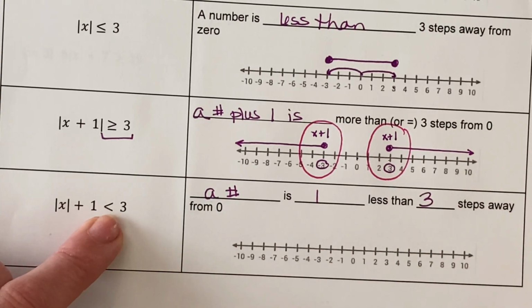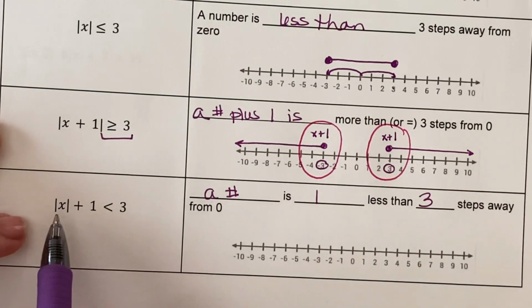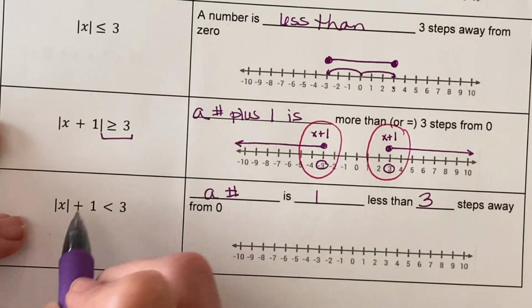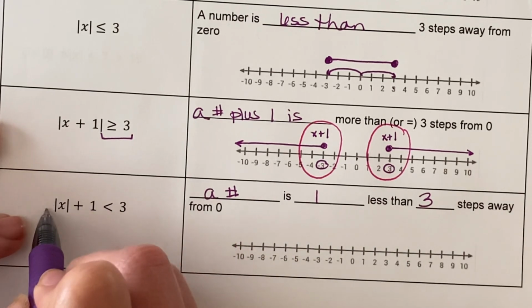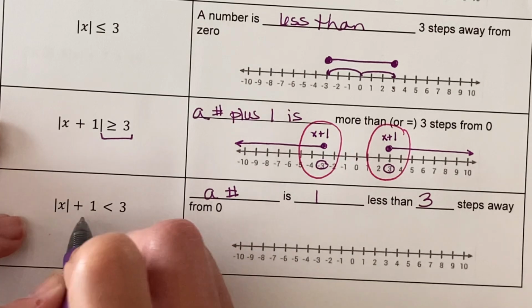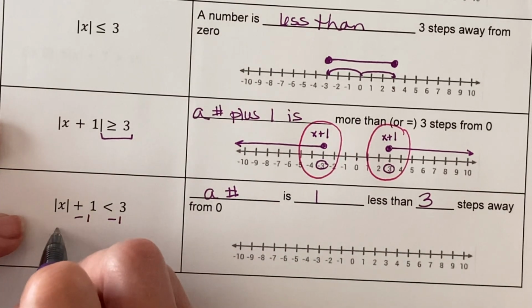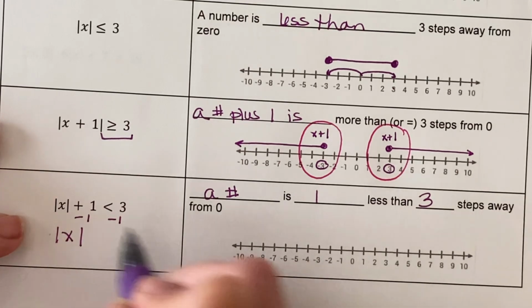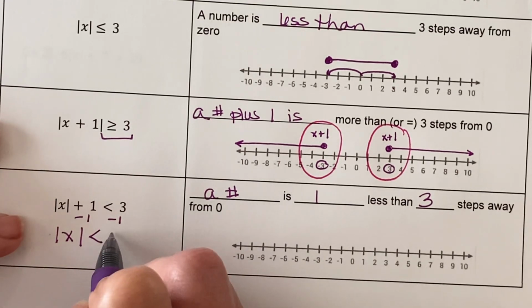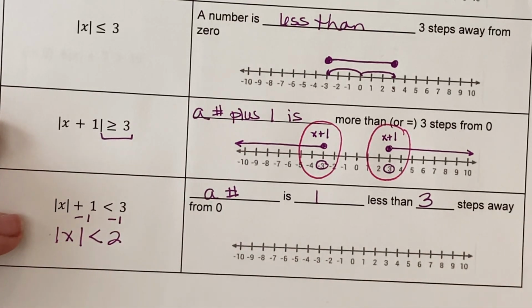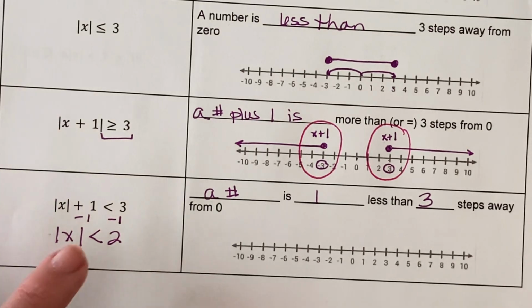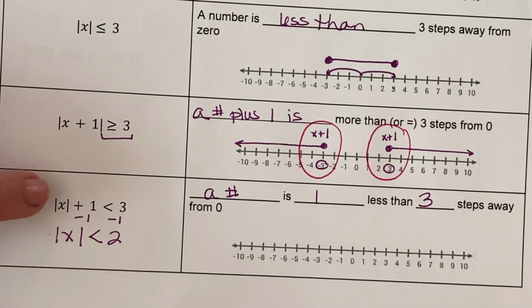That's a little confusing for me to think about. Basically, when we're dealing with inequalities, I am going to isolate the absolute value first thing before I draw any picture. So I'm going to rewrite this as a number is less than 2 steps away from 0. I'm going to create an entirely different thing. This is way easier for my brain to wrap around than that.